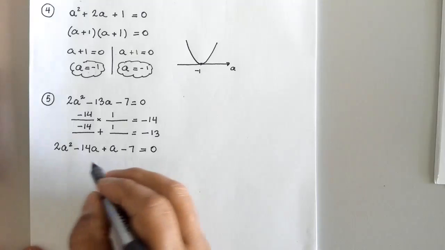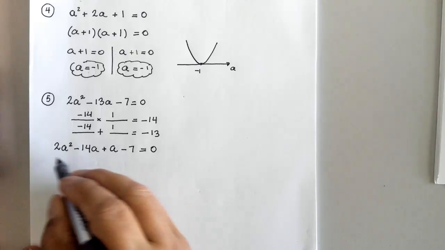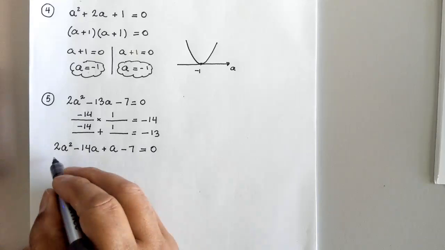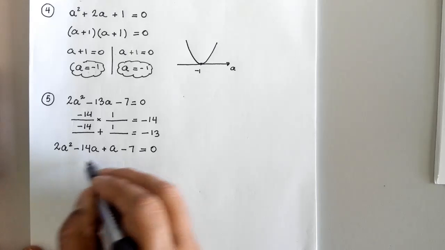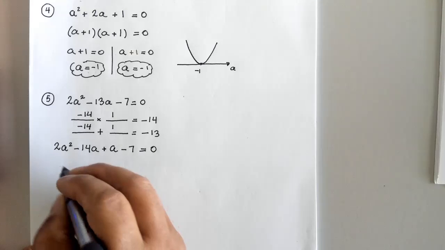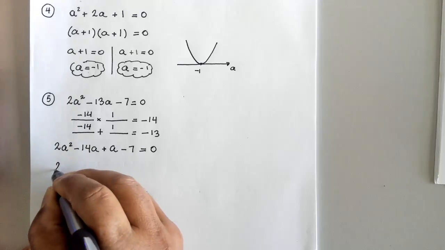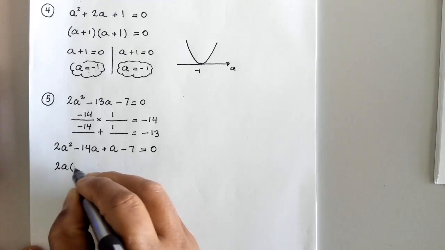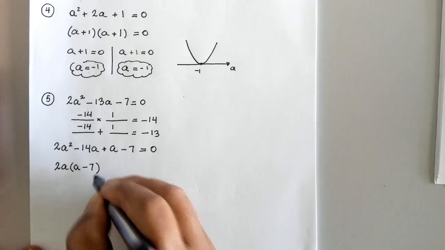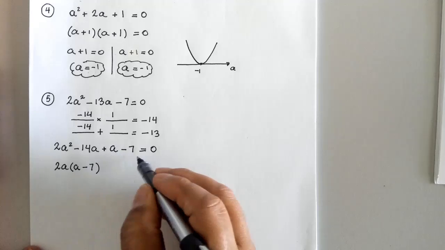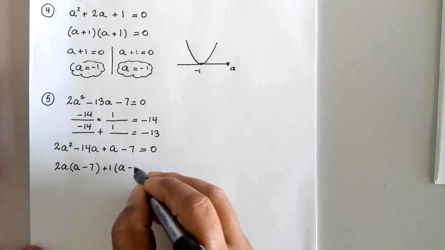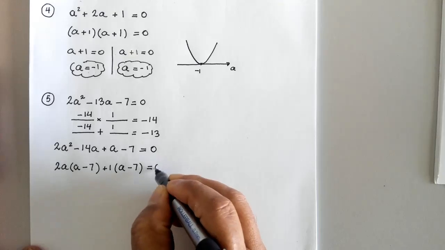Then we do what we know, which is taking the common factor between these two and then the common factor between these two. The highest common factor for these two terms is just 2a, and the other factor is a minus 7. In here we have a minus 7 and the only factor is 1, so we put a minus 7 equal to 0.